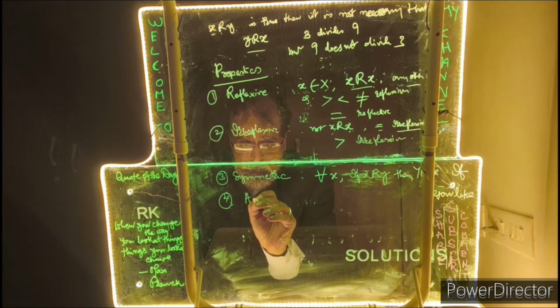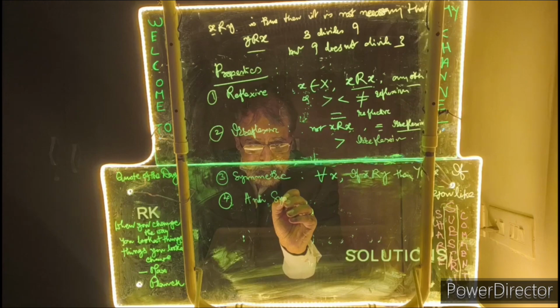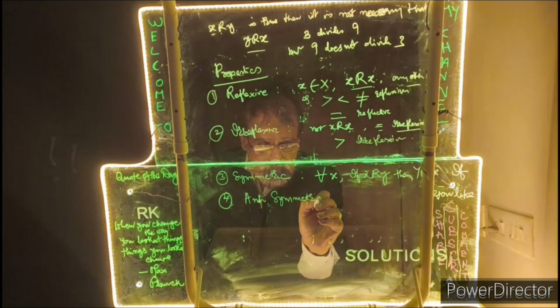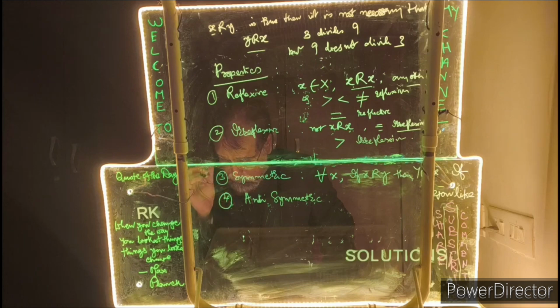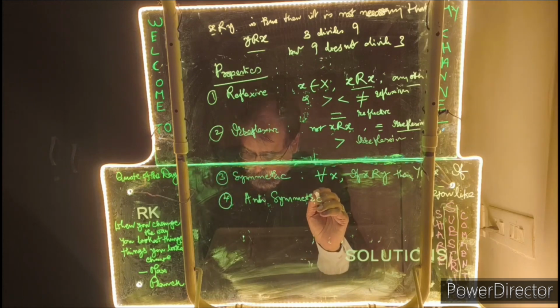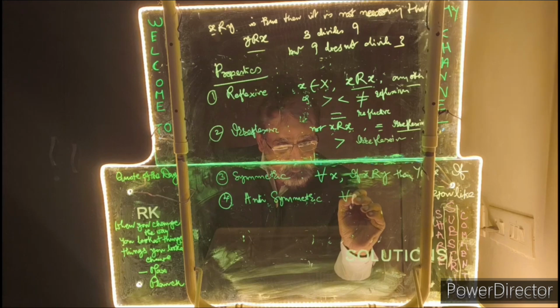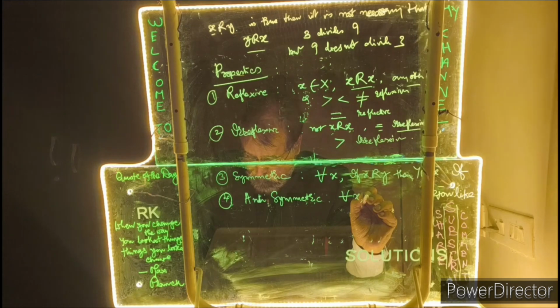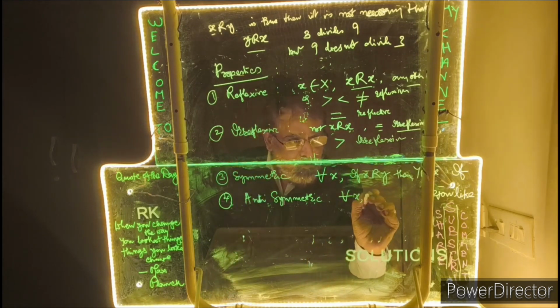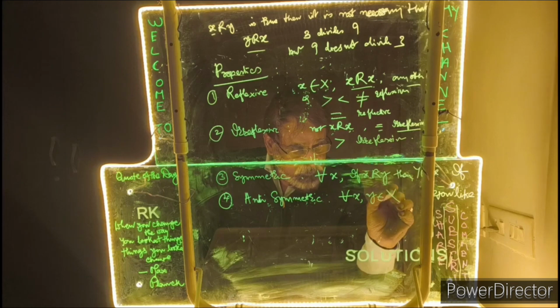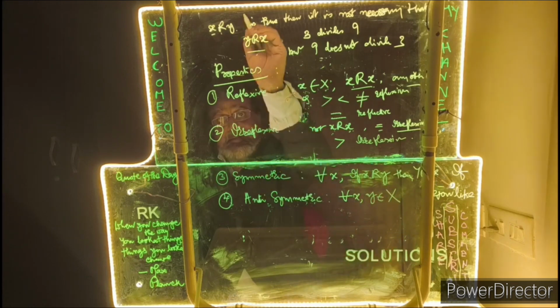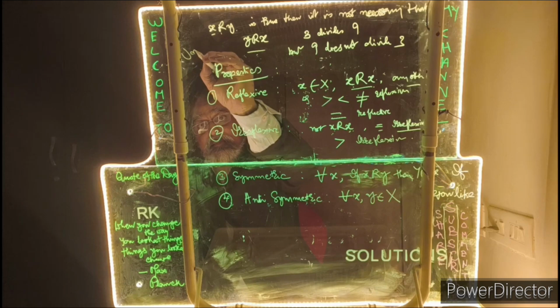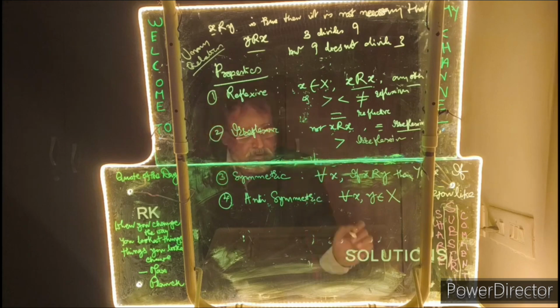Antisymmetric. For all x, y belonging to X, these are all, mind you, binary relations.